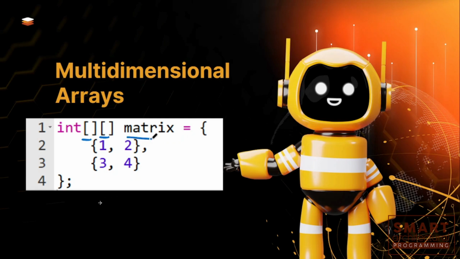Because within this variable matrix, we have 1 square bracket indicating 1 array, so this is the first array, and then we have 2 values within that, which is the second array, right? So this is how you can set up multi-dimensional arrays in Java. But keep in mind, this is just a brief teaser. We'll cover it in an upcoming video, but just know arrays can go beyond a single row.